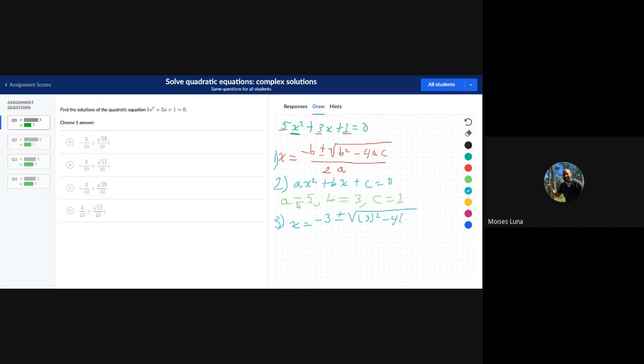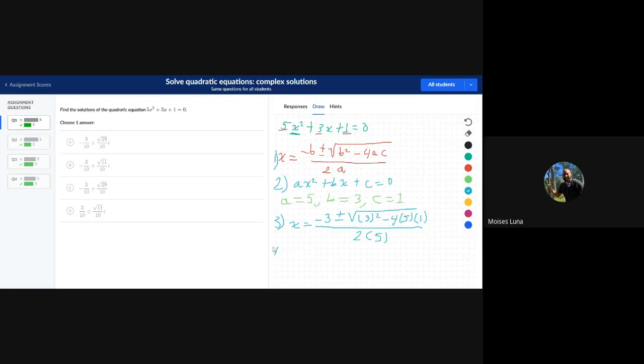A, which is 5, times C, which is 1. Right? And all of this is divided by 2a, and a equals 5. Okay, so substituting everything would be step number 3.